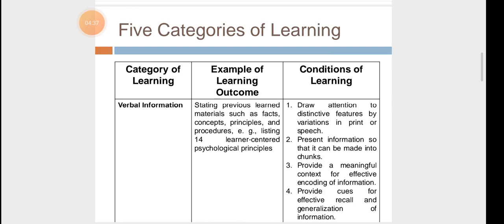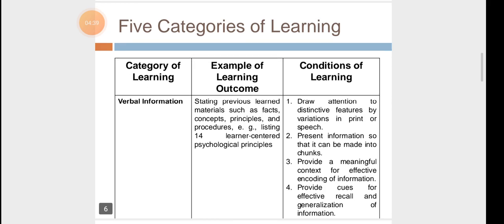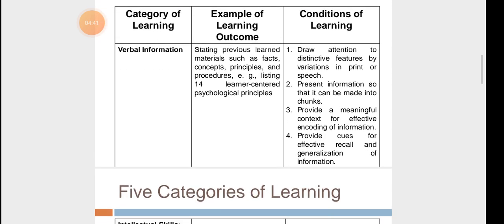Conditions of learning. The first one is draw attention to distinctive features by variation in print or speech. Yes, the student should develop their skill in talking, particularly in speech, in having conversations with classmates, especially when the student recites in front of the teacher.